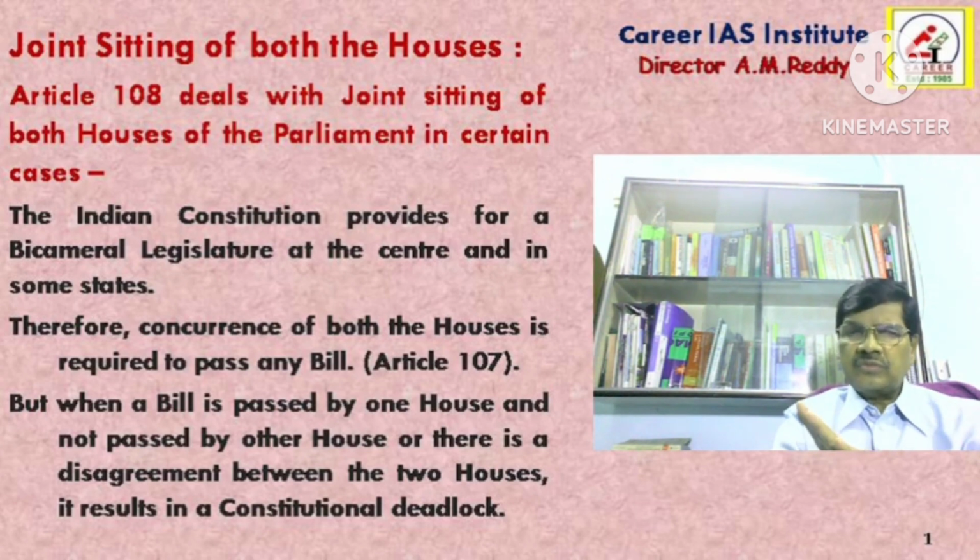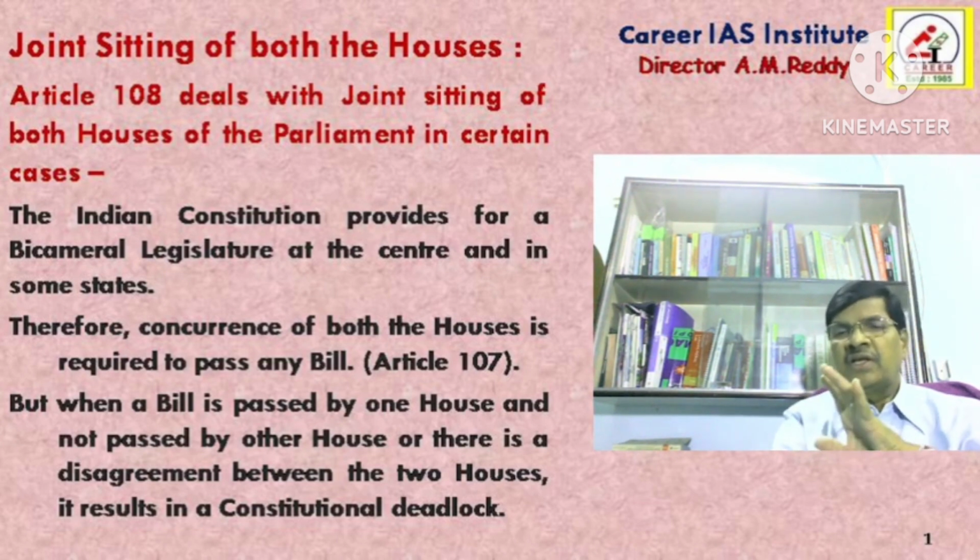Therefore, concurrence of both the houses is required to pass any bill under Article 107, as we have seen. Concurrence means a bill shall be passed by both the houses of parliament. What is concurrence?